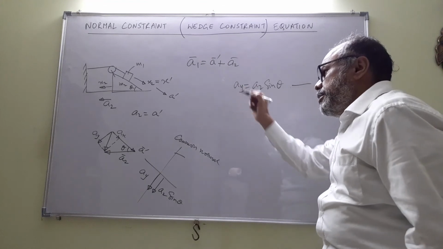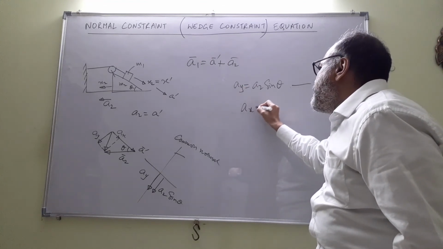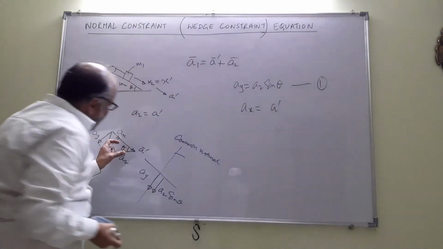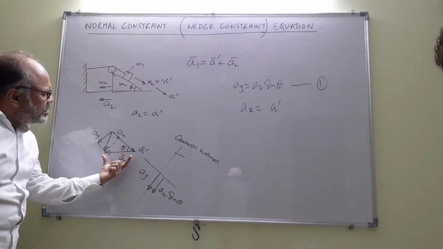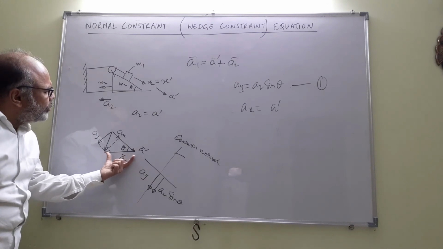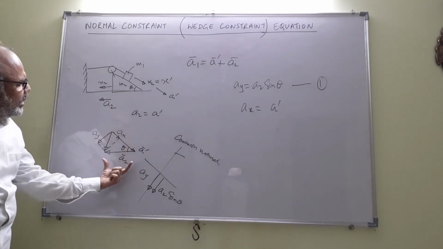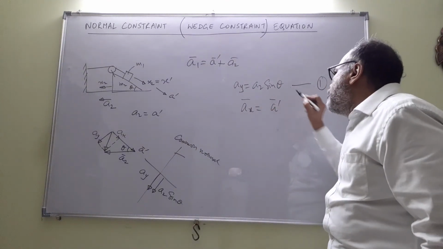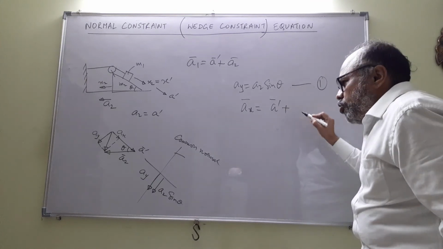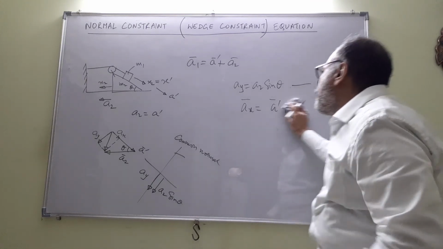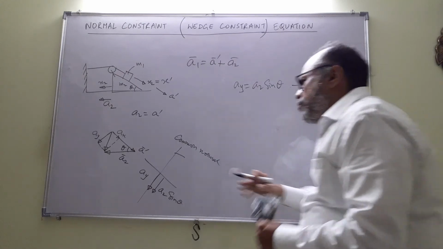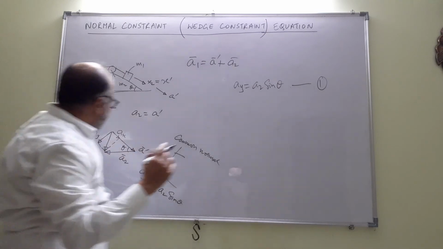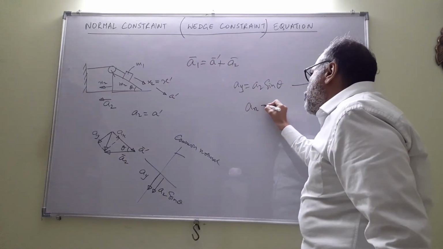What about ax? ax is a dash plus the component of a2 along ax. That is a2 cos theta. Now it is a vectorial sum. ax is equal to a dash plus the component of a2 along the x direction.